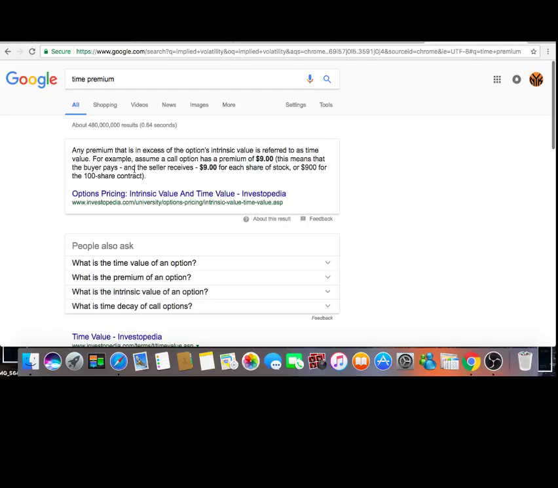Assume a call option has a premium of $9. This means that the buyer pays and the seller receives $9 for each share of stock, or the $900, because of one call or one put for the 100 share contract. So the time premium is just the value of the option at that time.